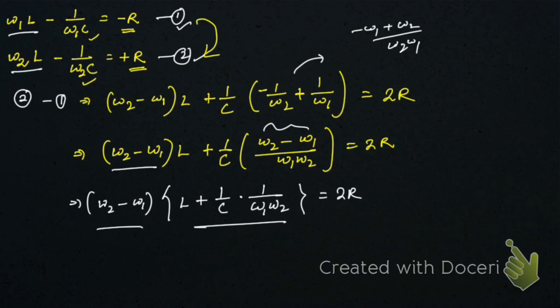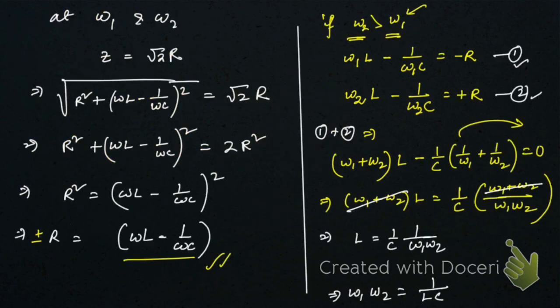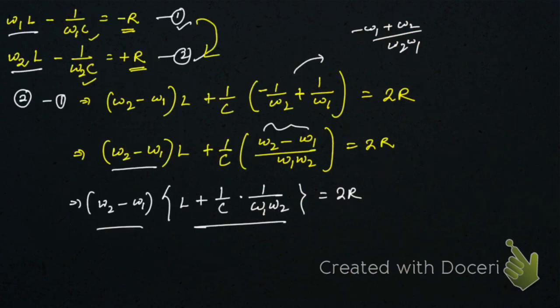Now we have already got that omega 1 into omega 2 is equal to 1 by LC. This is equation number 3. Let me use this equation here.